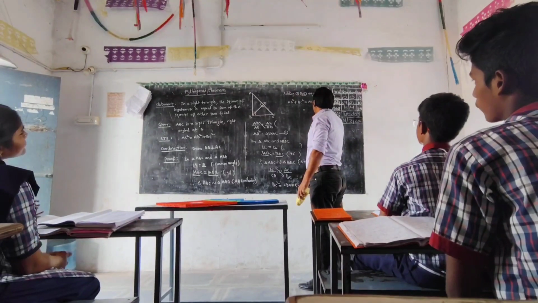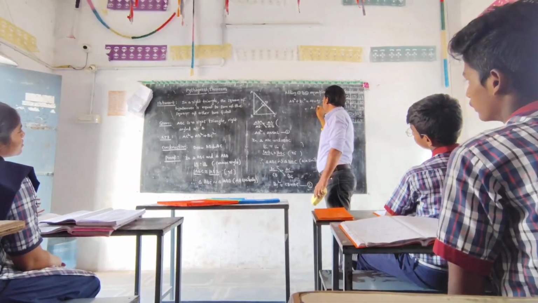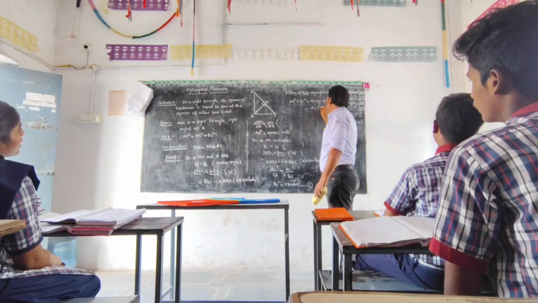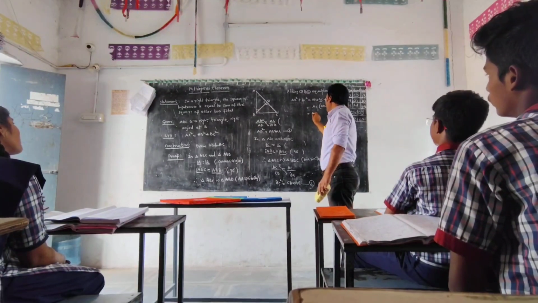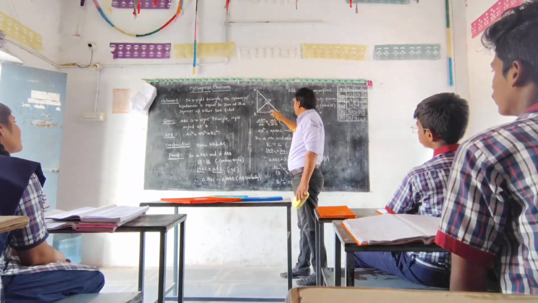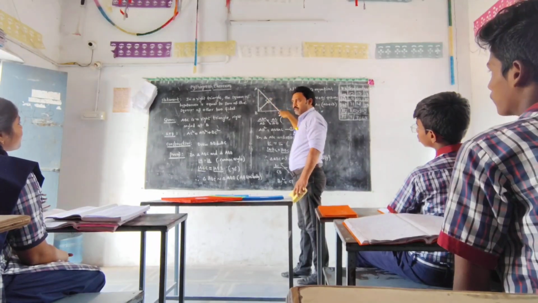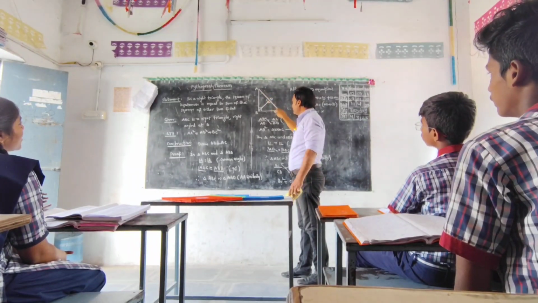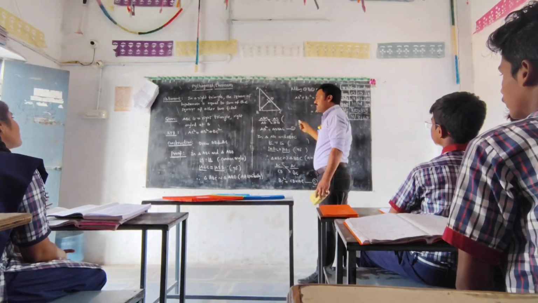Now see here, AC is common. What is remaining here? AD plus CD. This is equal to AC into AD plus CD. See the diagram: AD plus CD, if you add these two, it is equal to AC.